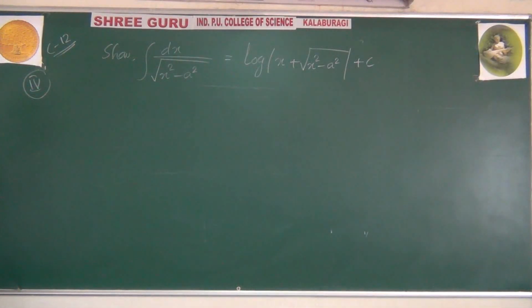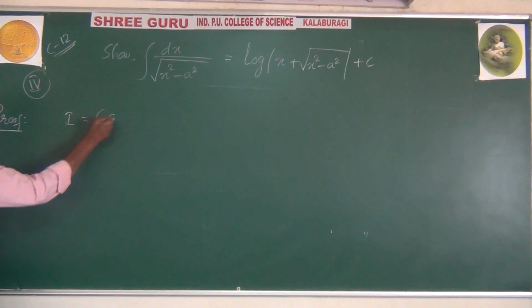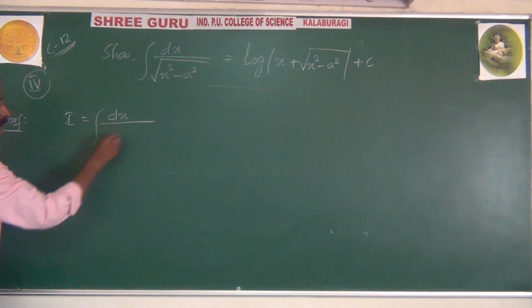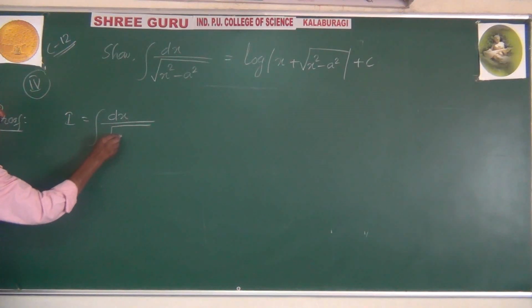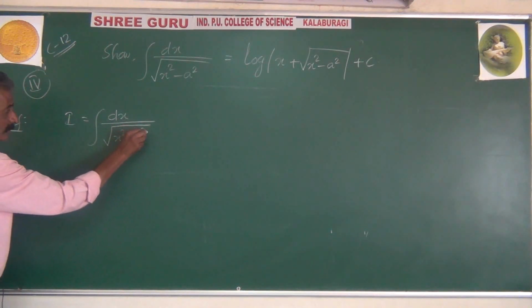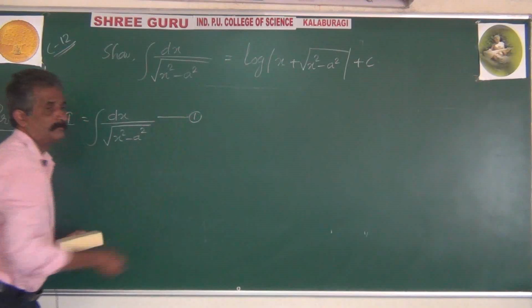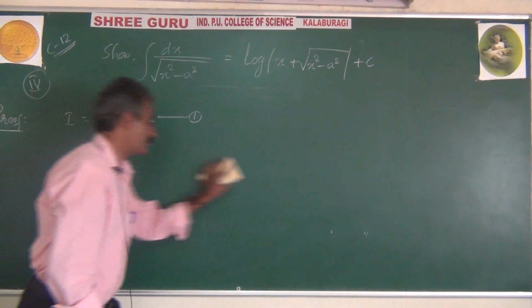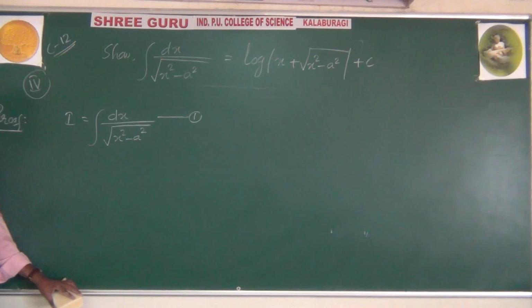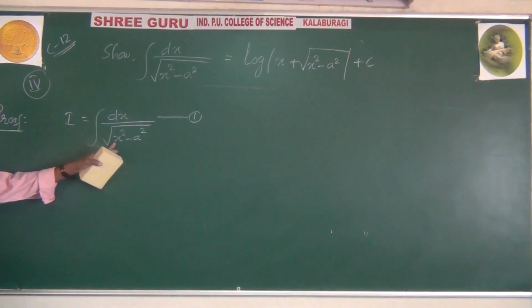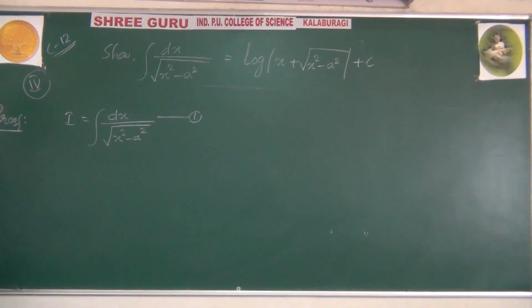We start this theorem proof. Proof or solution. First step, begin from I. Let I equal integration dx divided by square root of x square minus a square, call it 1. Put x equal to a secant theta, because root of x square minus a square is present.